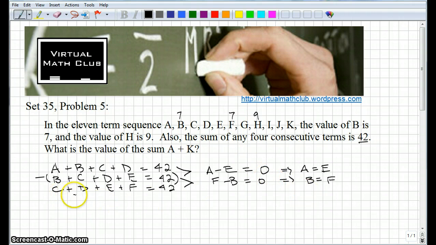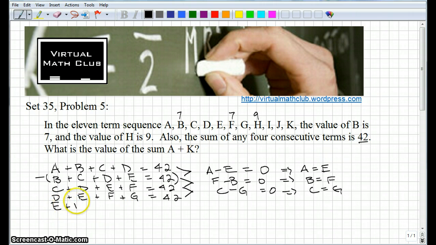We can just keep doing this all day, right? The next set of consecutive numbers is D plus E plus F plus G is equal to 42. If we subtract those two, we end up with C minus G is equal to 0, and so C is equal to G. And let's keep going.